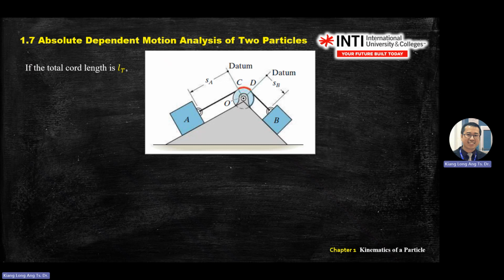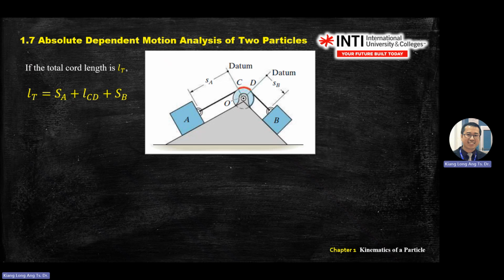You have points A, C, D, and B. The total length will be LT equals SA plus CD plus SB. This is a standard procedure. First, when you see any pulley system, you write total length LT equals what you calculate from the diagram. In this case, it's a simple diagram, so you write LT equals SA plus CD plus SB.